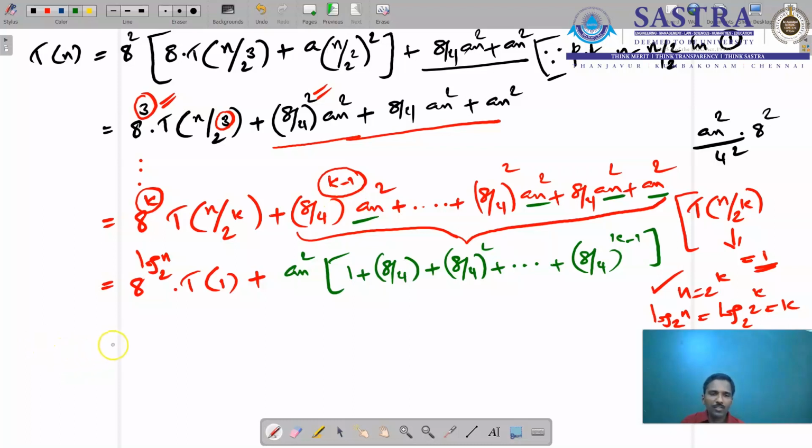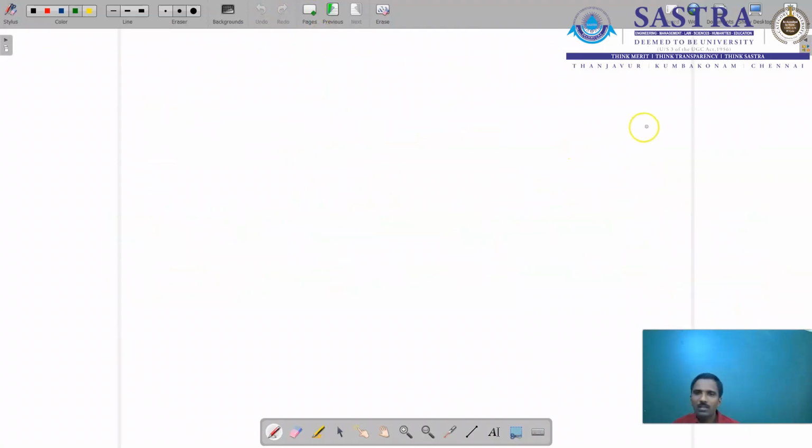Now simplifying this, 8 power log n base 2, we can interchange in a power log b base e. This is equal to b power log a base e.